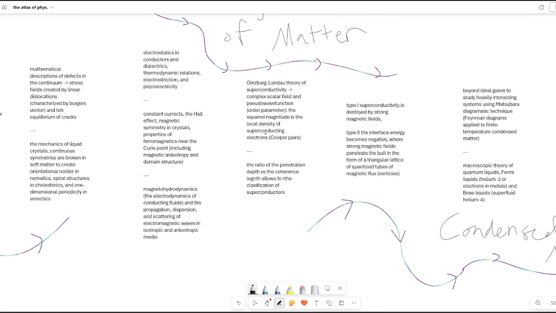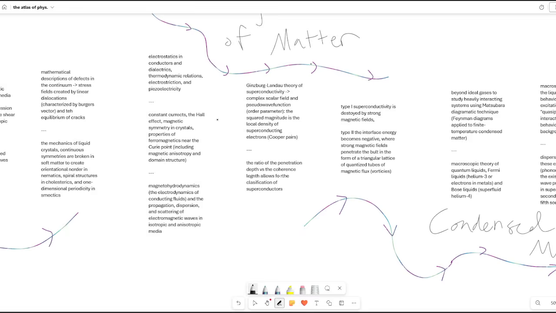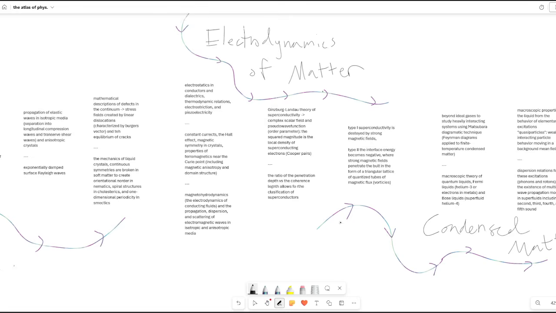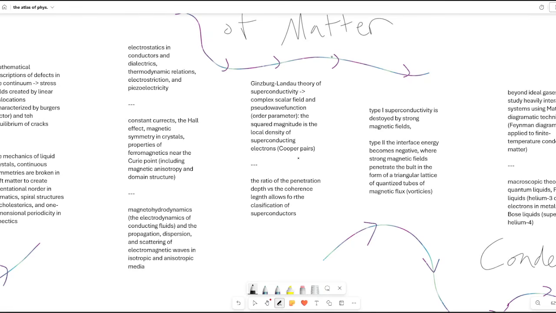But what's important to note is that this is a phenomenological model, with free energy functionals constructed to describe polarization, magnetization, and superconductivity. And so that's why I have them in this intersection here before we get to condensed matter. That's just my opinion. Maybe I kind of butchered that, but that's what I can do so far.